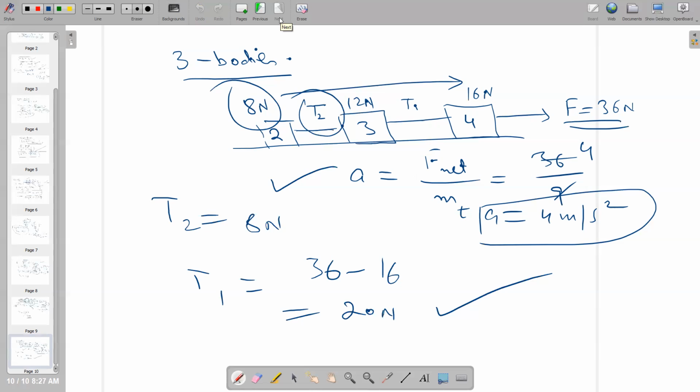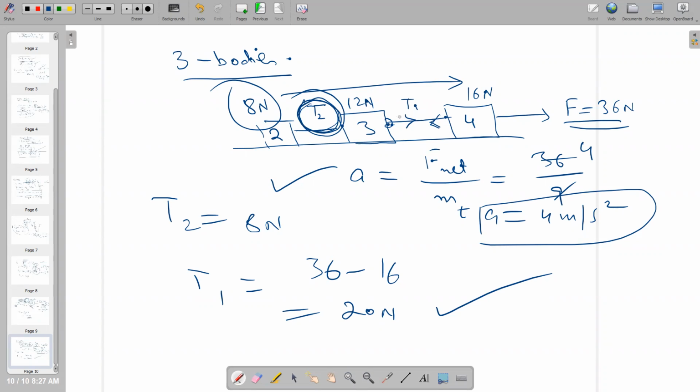Doctor, in T1, why didn't we take 12 Newton? Why do we subtract 36 and 16? Actually, let's see. This is this one and this is this one. So between this and this, we will take only this T2.